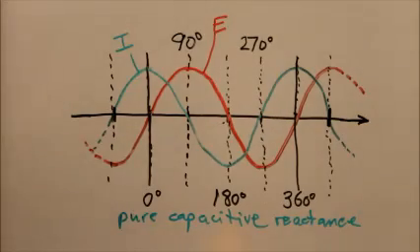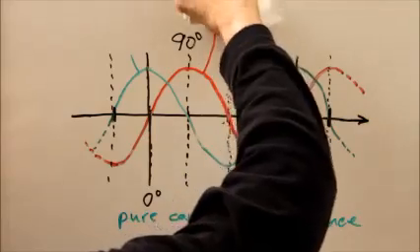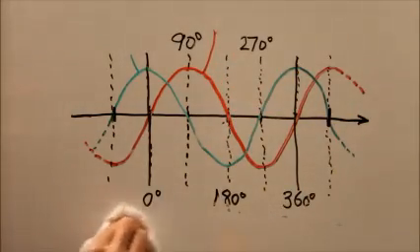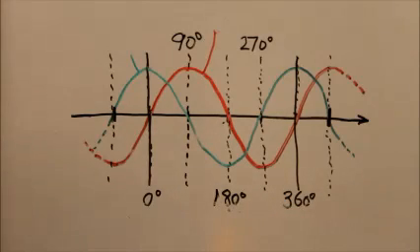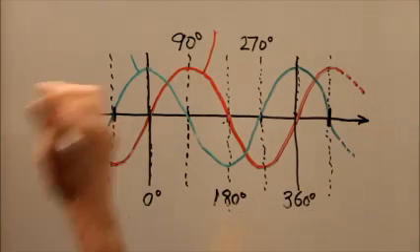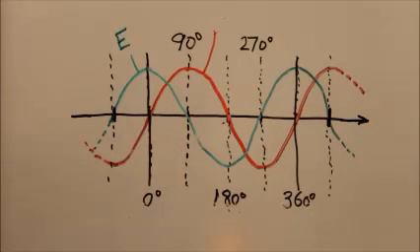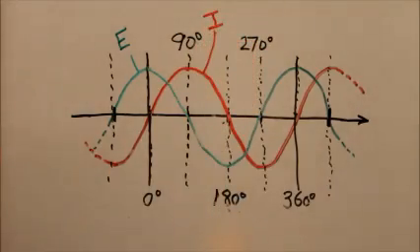In the opposite situation, if we let the green wave represent voltage, E, I don't know why they use E and I for voltage and current respectively, but they do, so we'll stick with it.